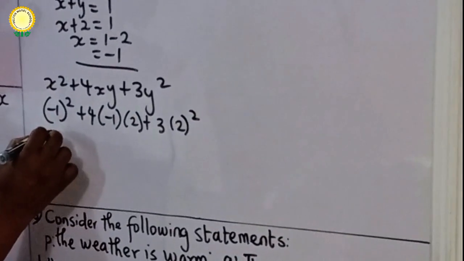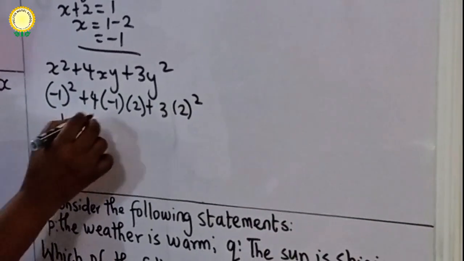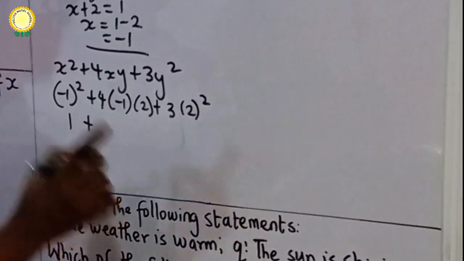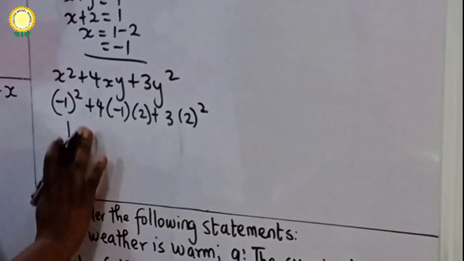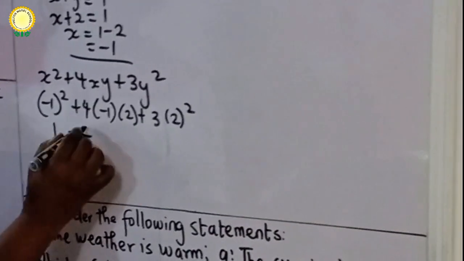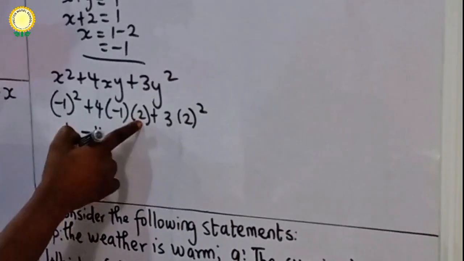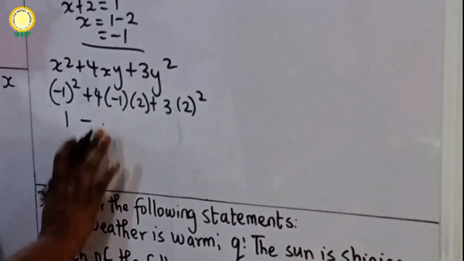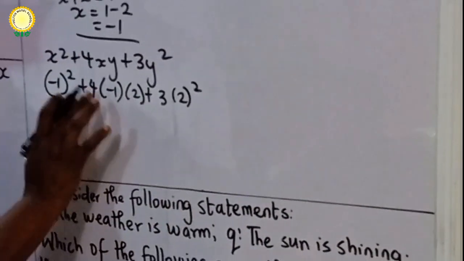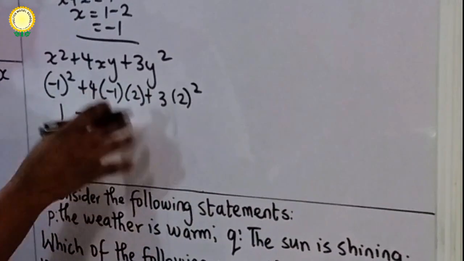So negative 1 squared will give us 1. 4 times minus 1 will give us minus 4. So we will change this plus to minus. Then we have times 2, so that our expression will not be complicated. Just say 4 times 1 times 2. That will give us what? 8.